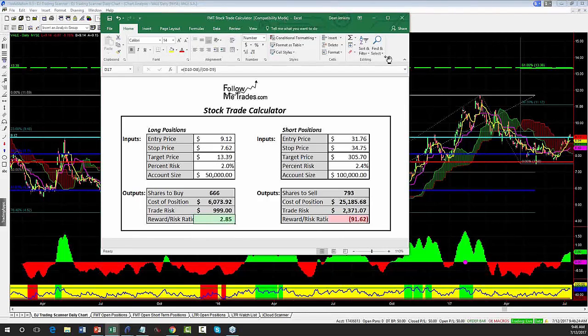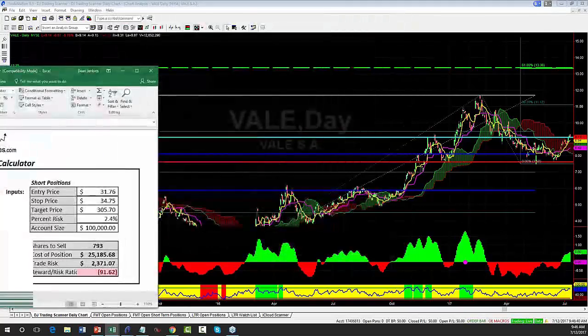Again, my stops are placed based on price on the chart. I don't use an arbitrary fixed stop level. Some people that subscribe to my service, that's a point of confusion. They go, well, why isn't your stop just 5% away from entry or something like that? Why would I do that, right?